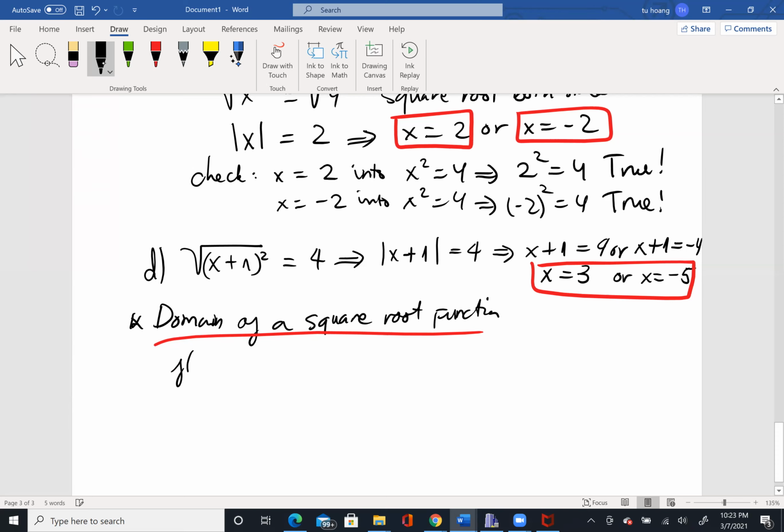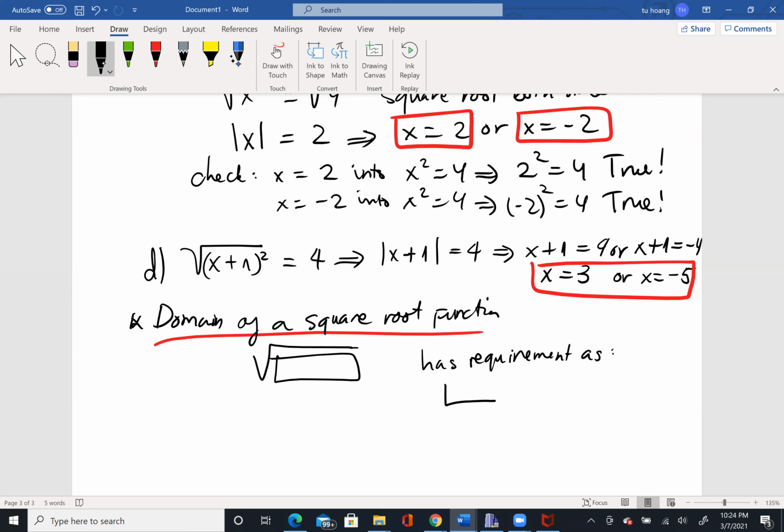So let's say f of x equal to square root of, I know, let me just say like a radical or square root of a box has a requirement as: the box has to be greater than or equal to 0.